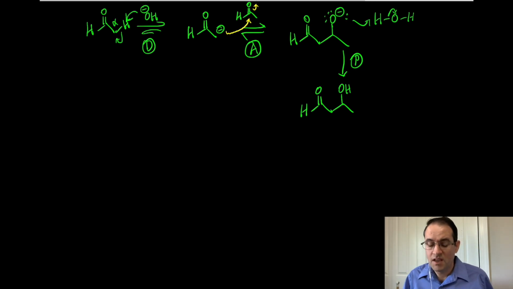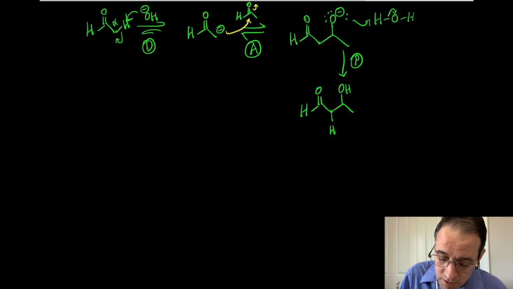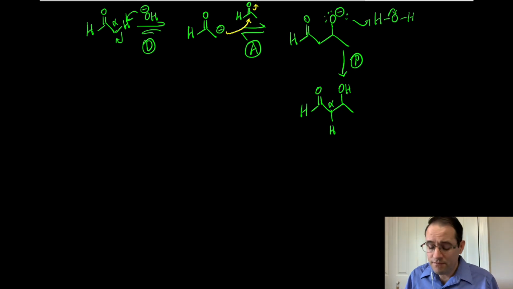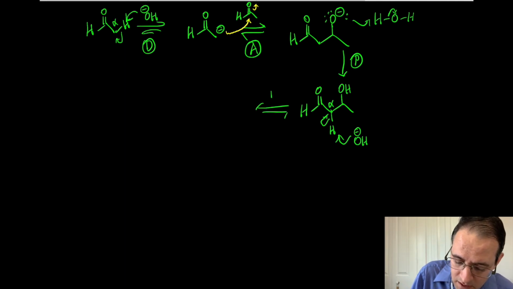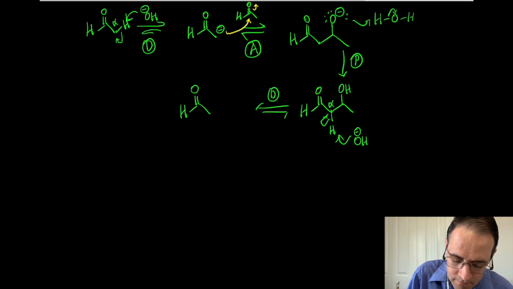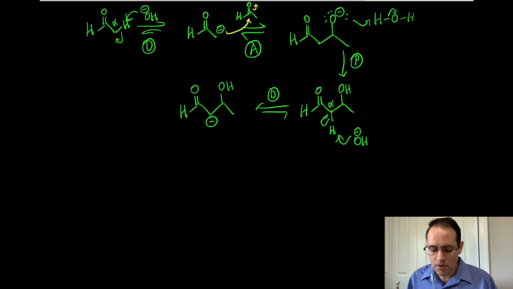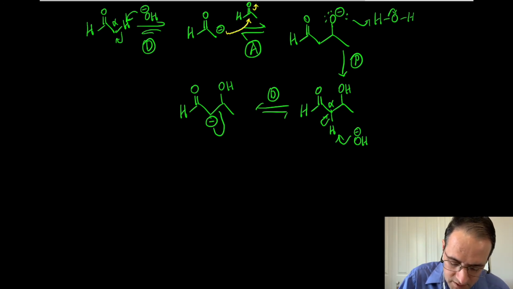Now to actually remove water, what we do is we deprotonate the alpha hydrogen once again, okay? There's a hydrogen there. So we're going to take hydroxide, and that's going to deprotonate, and we're going to get an enolate once again. The enolate then eliminates the hydroxide at this point. So hydroxide is going to be the leaving group, and this is going to come down and kick off.